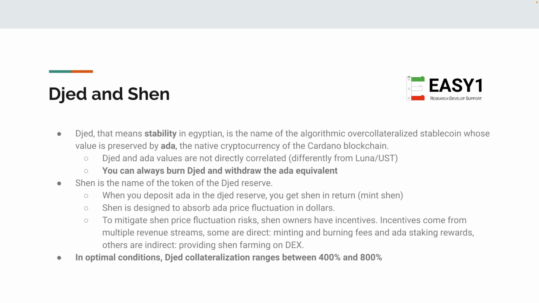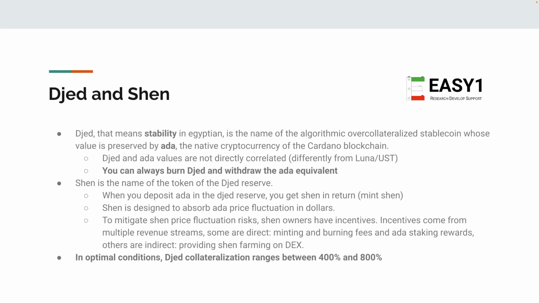This is because if it happens over several days or months, as has been happening for instance with SigmaUSD, more investors will go and buy the collateral, so deposit into the collateral, and get Shen in return. And as we will see, Shen gives you some incentives.